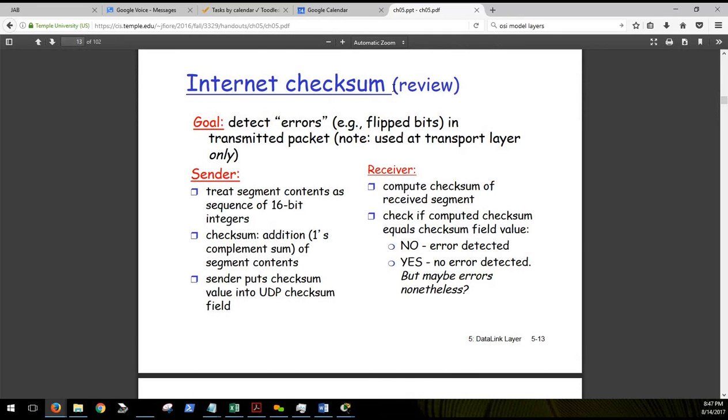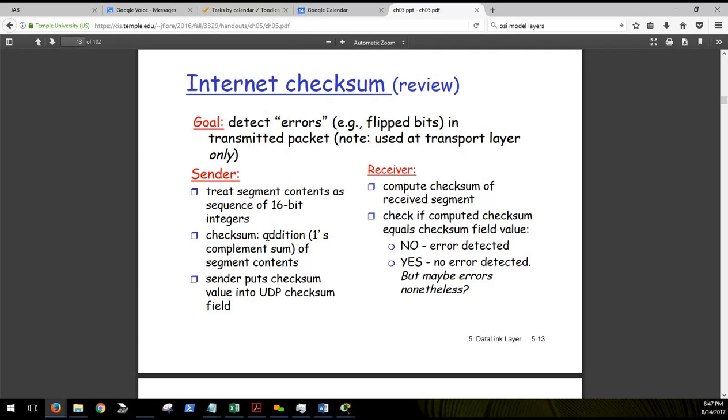Internet checksum, the goal is to detect errors in the transmitted packet, used at the transport layer only. So this is used up in the transport layer, not necessarily the data link layer. The sender will treat segment contents as a sequence of 16-bit integers.